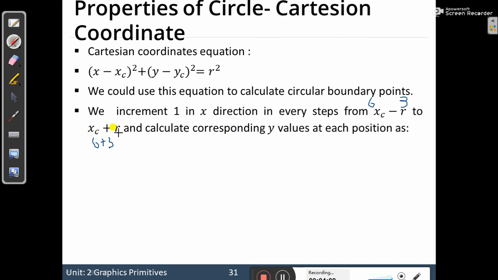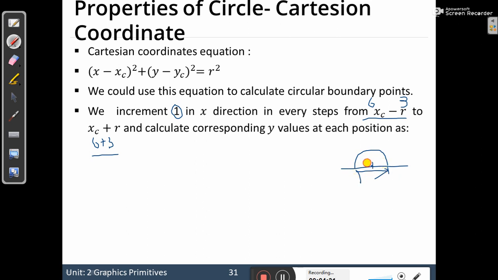It means we are going to move in the x direction, incrementing by one value in every step from this point of x to this point of x. Suppose this is the x-axis and this is the center, then we are going to draw the circle in this way, incrementing x in that direction, only this much portion.